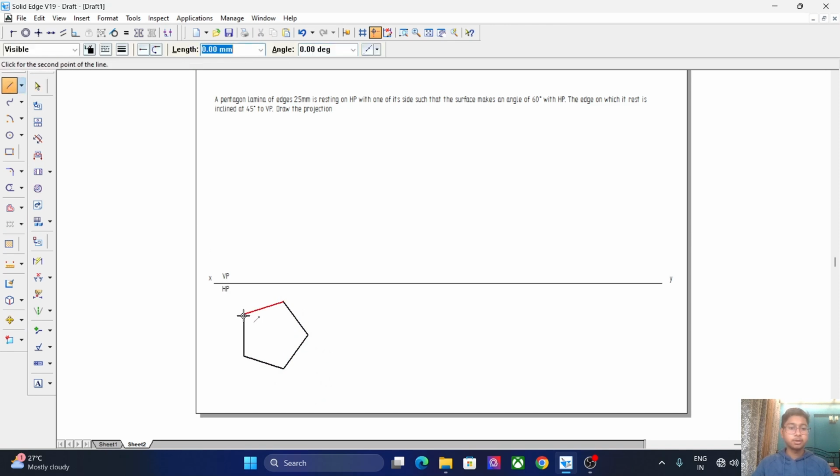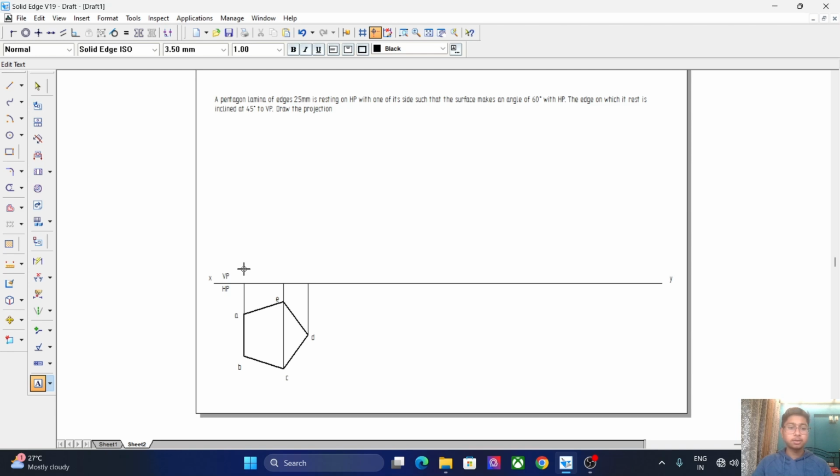Using thick lines, we will mark it on the XY line. You can denote the sides of the edges of the pentagon as here A, B, C, D, and E.